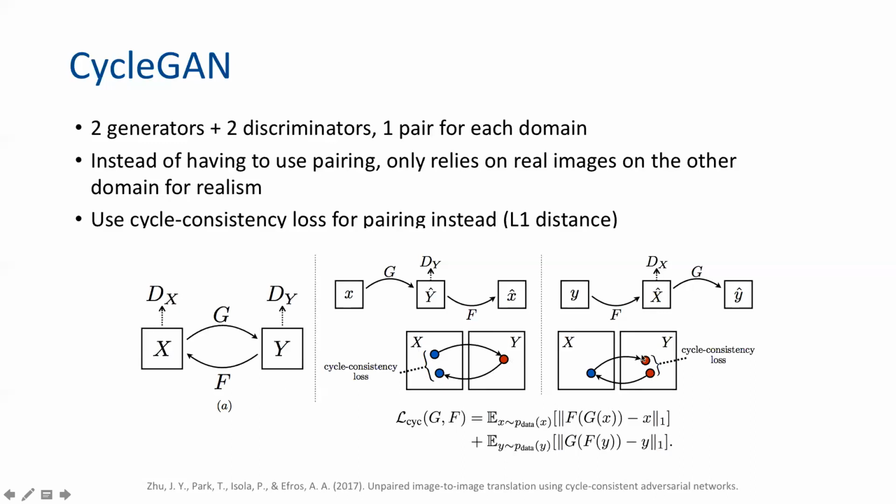This is probably not very intuitive, but it works for the same reason that the normal GAN works, even though it never sees matched pairs of real and synthetic images. This particular cycle GAN going from the red to blue domain, from Y to X, has to perform two tasks. It has to successfully transform images from the synthetic images back again. It also has to transform real images into the X domain. And in order to do that effectively, it basically has to learn to correspond.